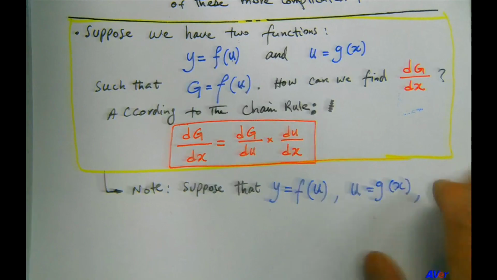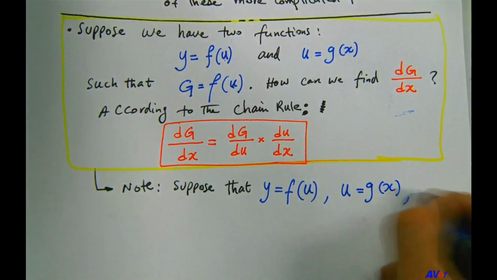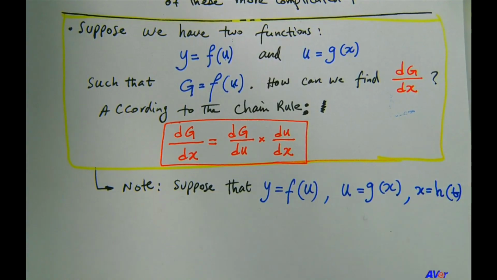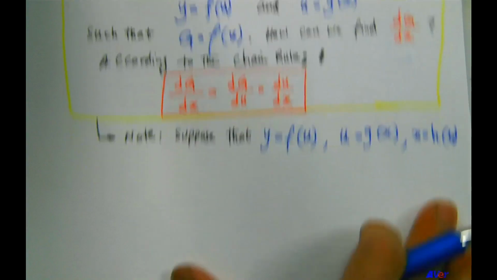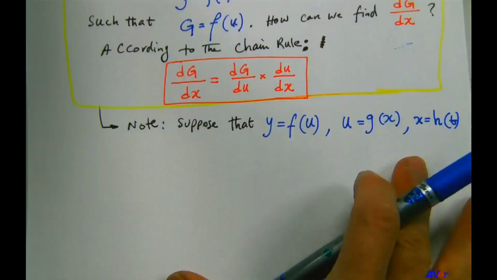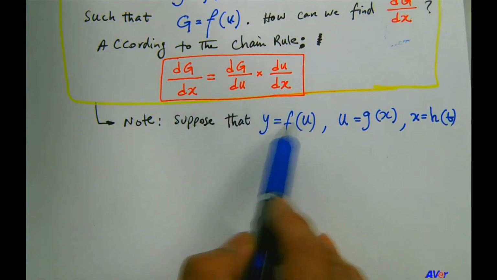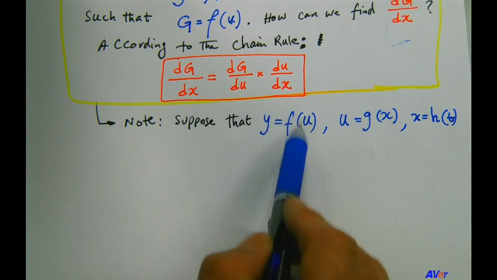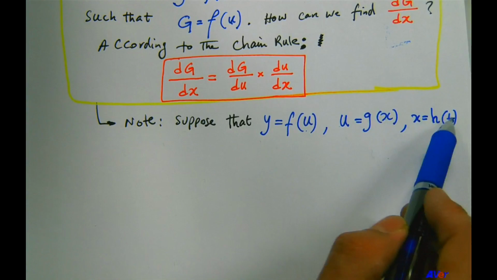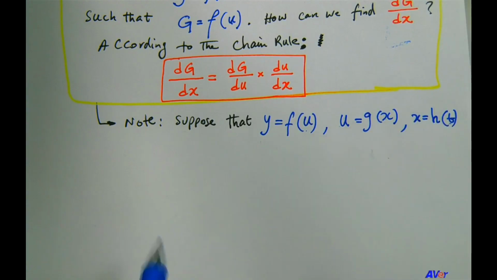And this time we have a third function: x is a function of variable t. So instead of two functions y and u, now we have three functions. Y is a function of u, which is a function of x, which is a function of t.